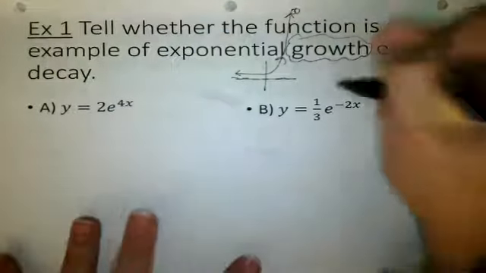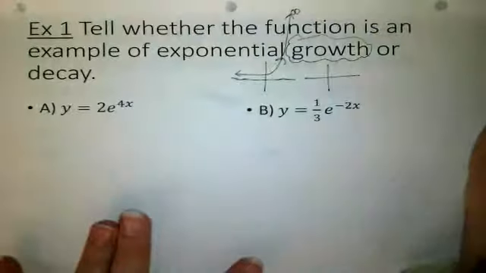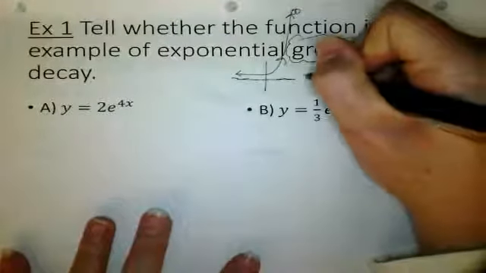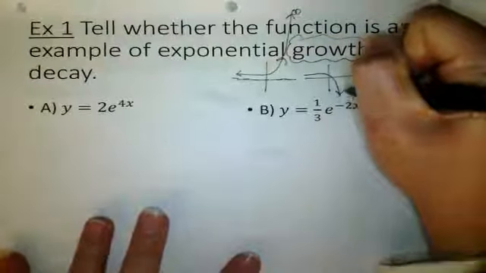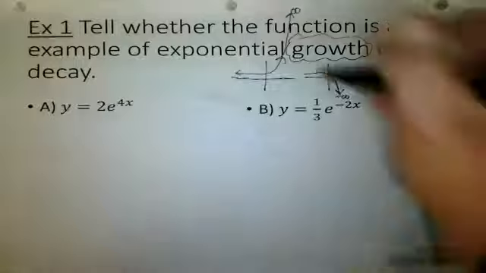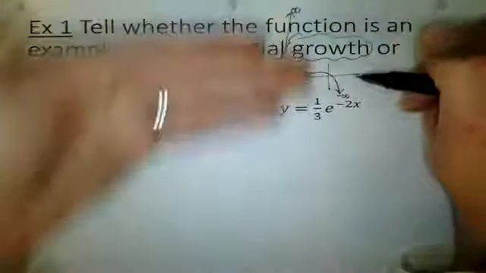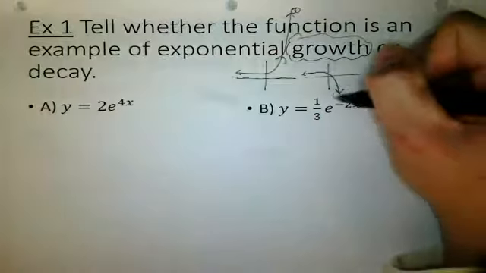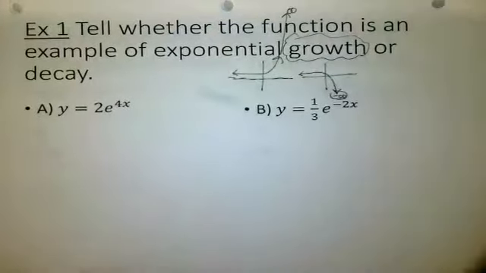But it turns out there's also another shape that is also exponential growth, and that might be something that looks like this, where it's actually going down to negative infinity. It's a flipped upside down graph. It's just this graph that's been flipped over. And it's still growing. We call this growing in the negative direction, where it's just growing more and more and more negative. So this is also called exponential growth.